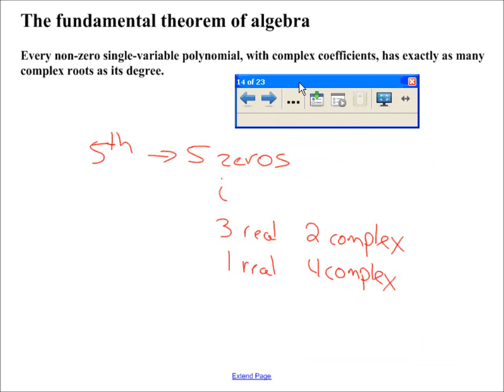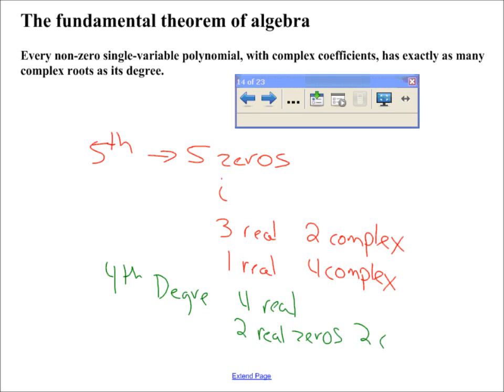In a 4th degree equation, you can have 4 real zeros or 2 real zeros and 2 complex zeros, but the sum of the zeros is always going to add up to the degree of the function.